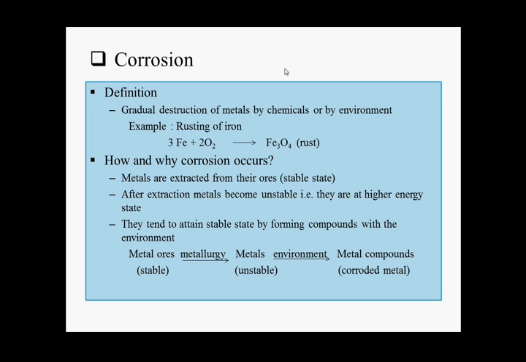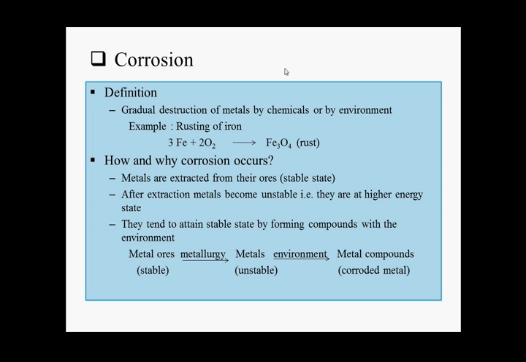Why does this corrosion occur? Metals are normally extracted from their ores. Ores are the stable state of the metal, like chloride, sulfide, carbonates, etc. So, when these metals are extracted from their ores, they become unstable. That is, they will be in a high energy state.